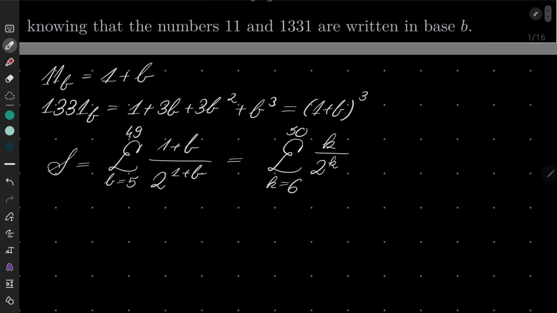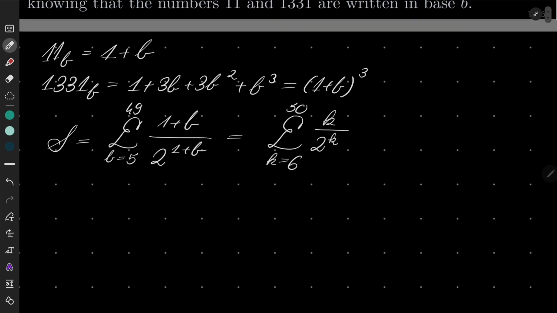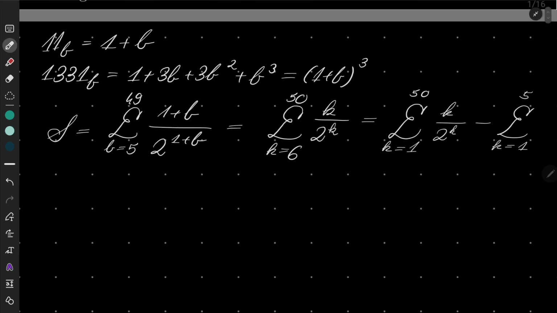And I will do one more thing. Because this sum goes from 6 to 50, usually it's easier to consider sums starting from 0. So I will write this as the sum from 0 to 50, or from 1, because the 0th term is 0, of k over 2 to the power of k, minus the sum which goes from 1 to 5.